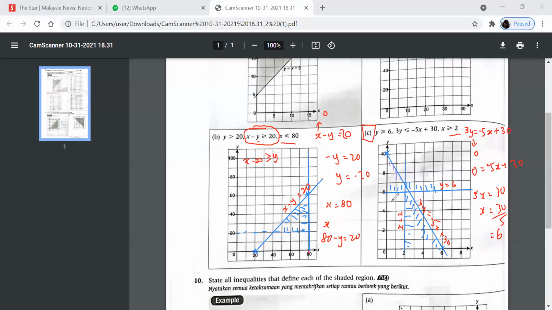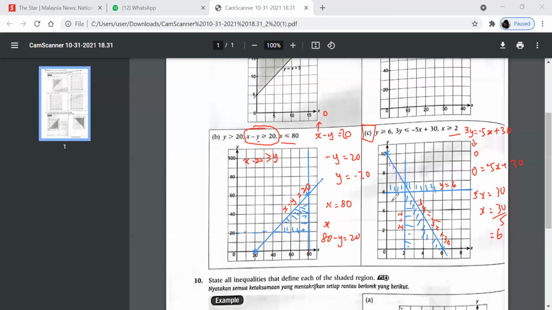So where's the overlapping area? Wait, teacher, it's x less than 2, right?